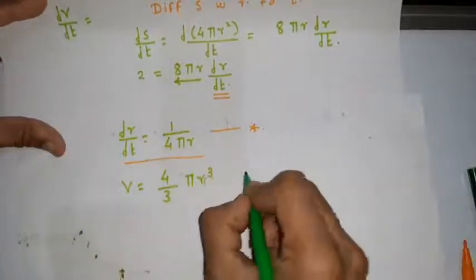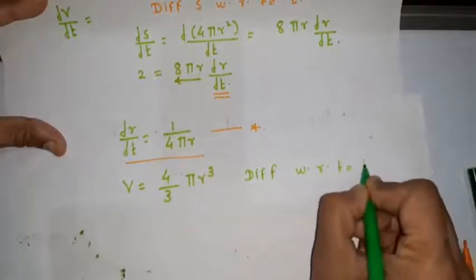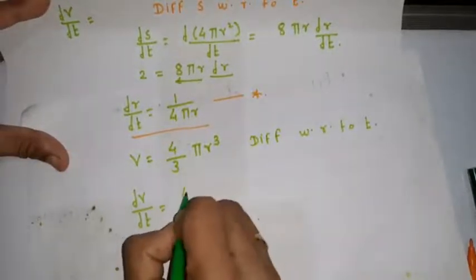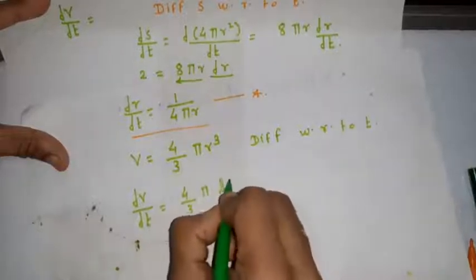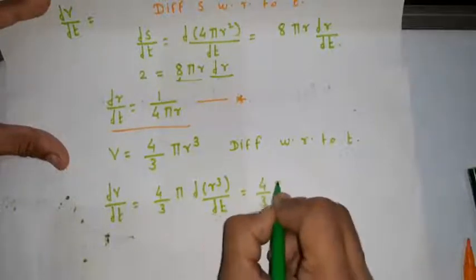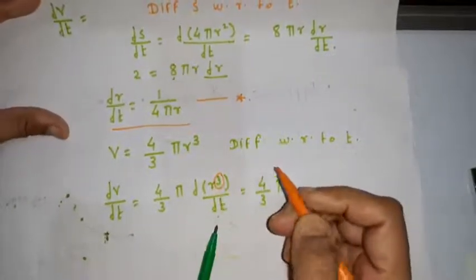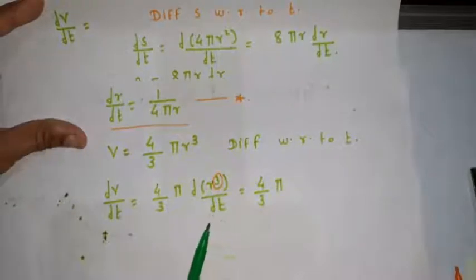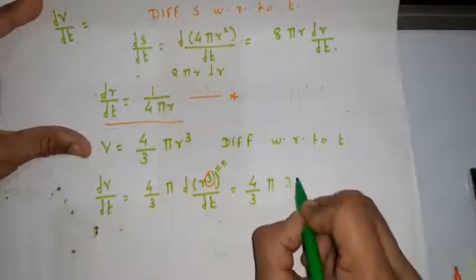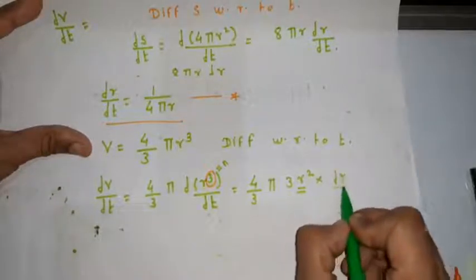To find out dv by dt, differentiate v with respect to t, and we will get dv by dt equal to 4 by 3 pi as a constant, and the differentiation of r cube using the x raised to n formula, that is n into x raised to n minus 1, where n is 3 here. So that is 3 r square, and again r is a differentiable function, that's why dr with respect to t.